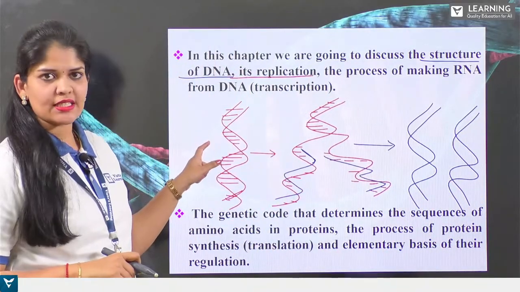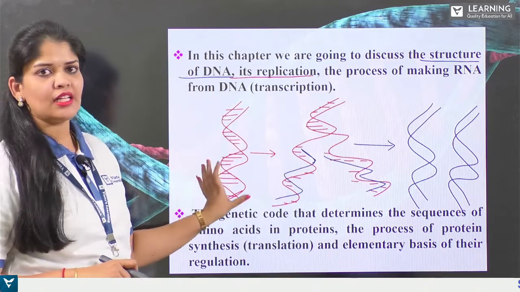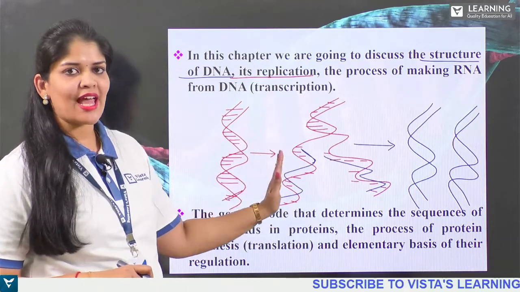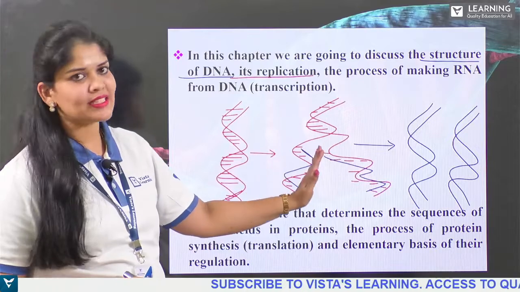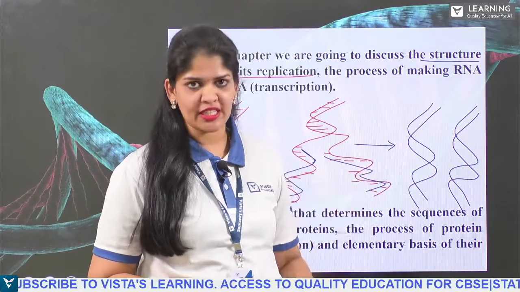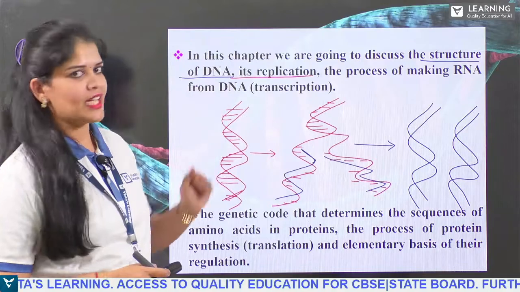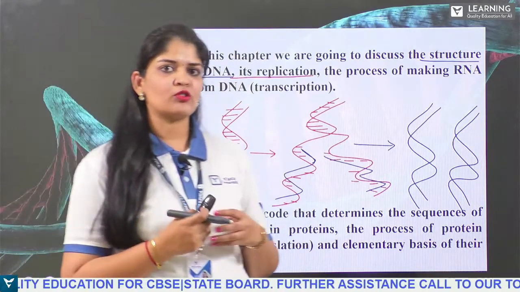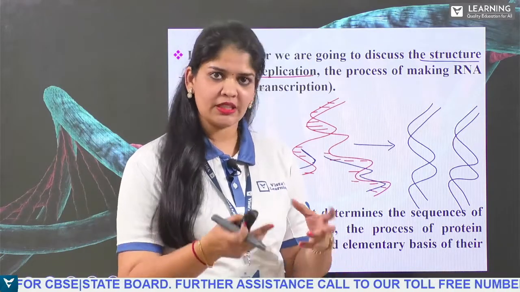So towards the start we have the DNA, and that DNA gets uncoiled. Each strand acts as a template for the formation of another strand, and finally it leads to the formation of copies of the DNA. That is what we call replication. When we come to replication, we are going to deal with the conservative method, the semi-conservative method, and so on.